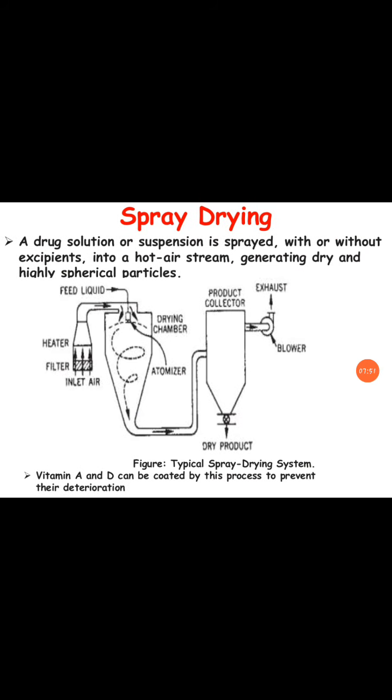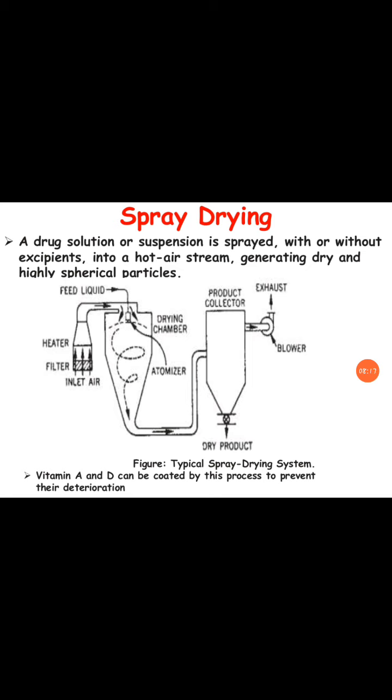And spray drying, which is a common procedure also employed in drying. Here you get small pellets by use of a particular type of atomizer. The drug solution or suspension is sprayed, with or without the excipient, into a hot air stream to get a dried and highly spherical particle.